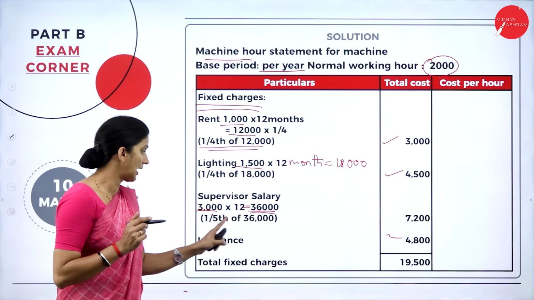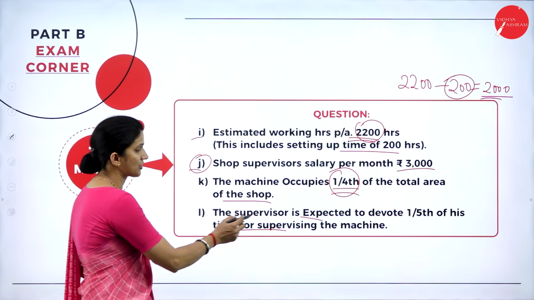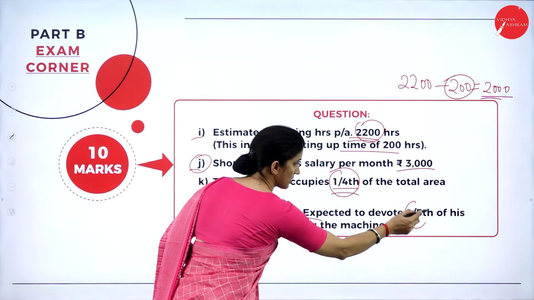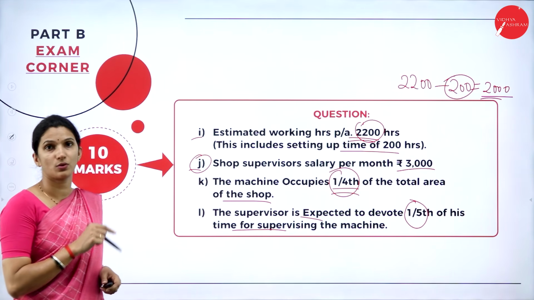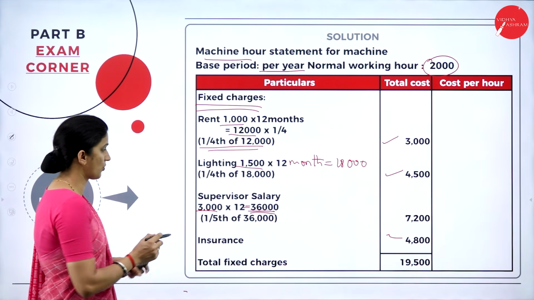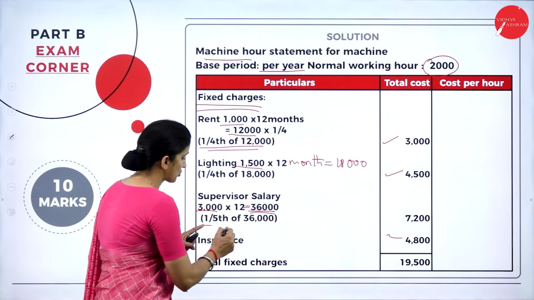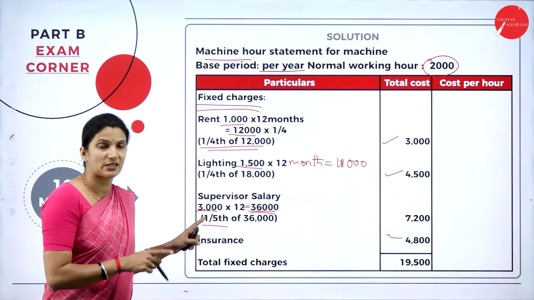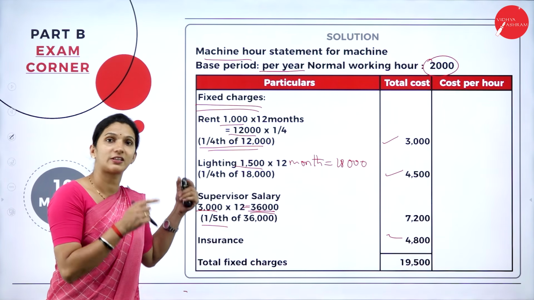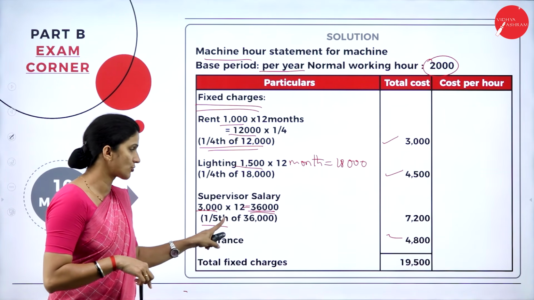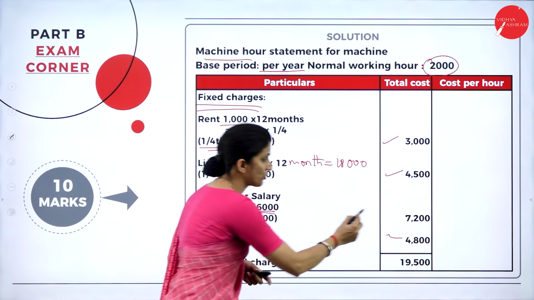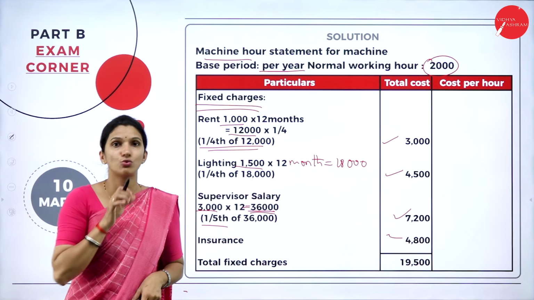And here it is given the supervisor is expected to devote 1/5 of his time towards this machine. So 36,000 into 1/5, the amount you're getting here is 7,200.